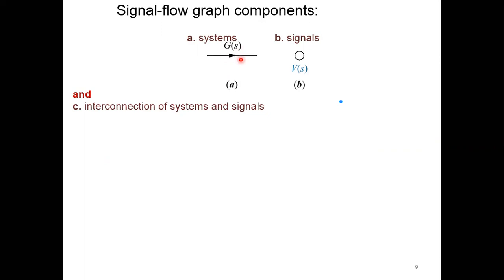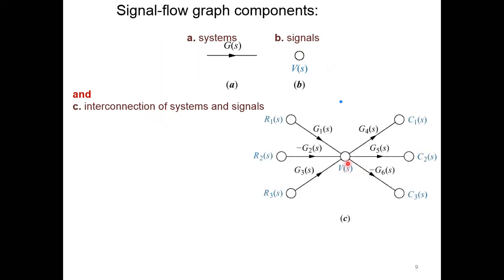The system or the transfer function is represented here, signals as nodes, and the interconnection of signal and system is represented here. Now V of S, the node, will be equal to R1 of S multiplied with G1 of S. Similarly, R2 of S multiplied with minus G2 of S will also be added.